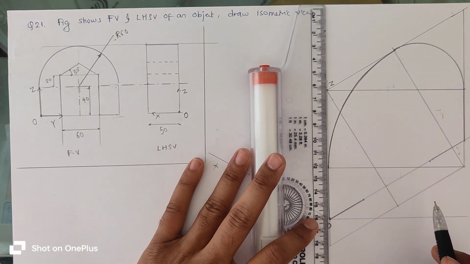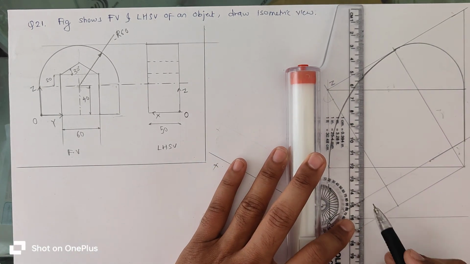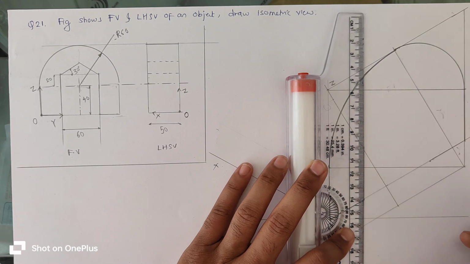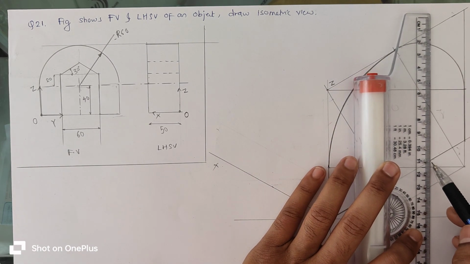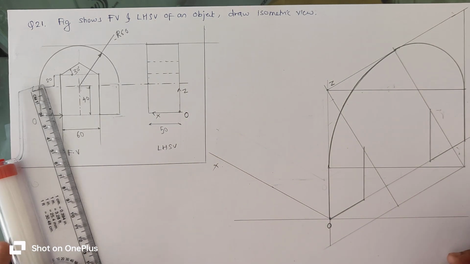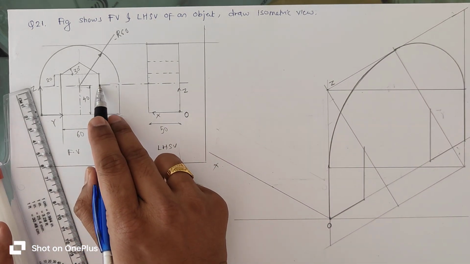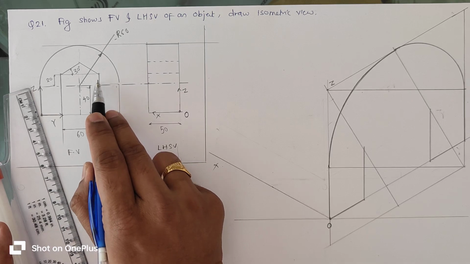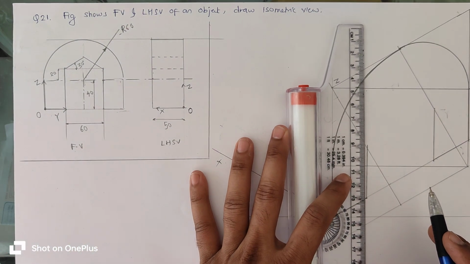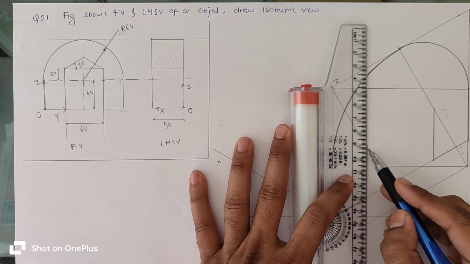So along z axis from this point 4 centimeter, from this point 4 centimeter. Then again from this point the distance is 20, so we will add the height here by 2 centimeter.